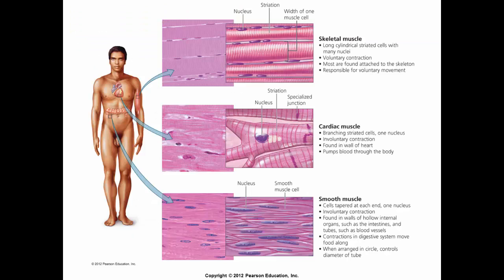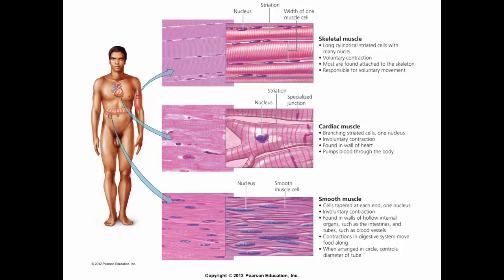This shows the three different images of the muscle types. The skeletal muscles, you see the striations, which result from the arrangement of proteins within that cell. It's voluntary, mostly attached to the skeleton and responsible for voluntary movement.